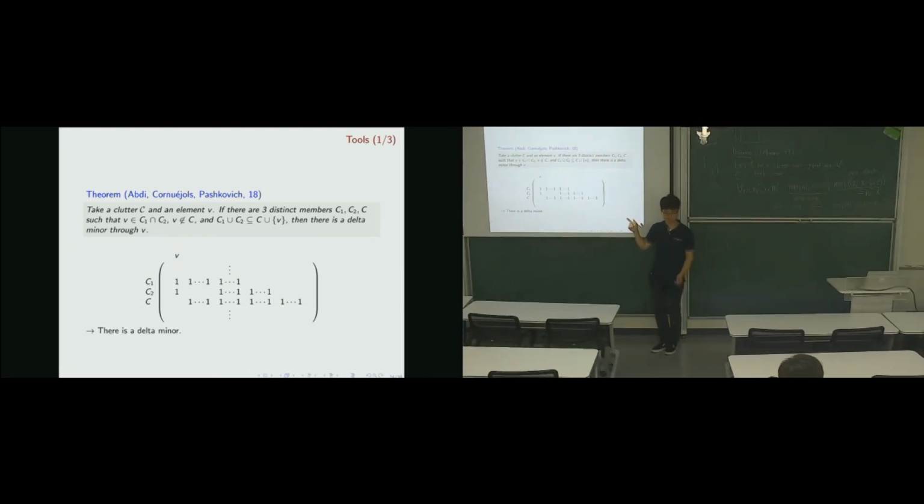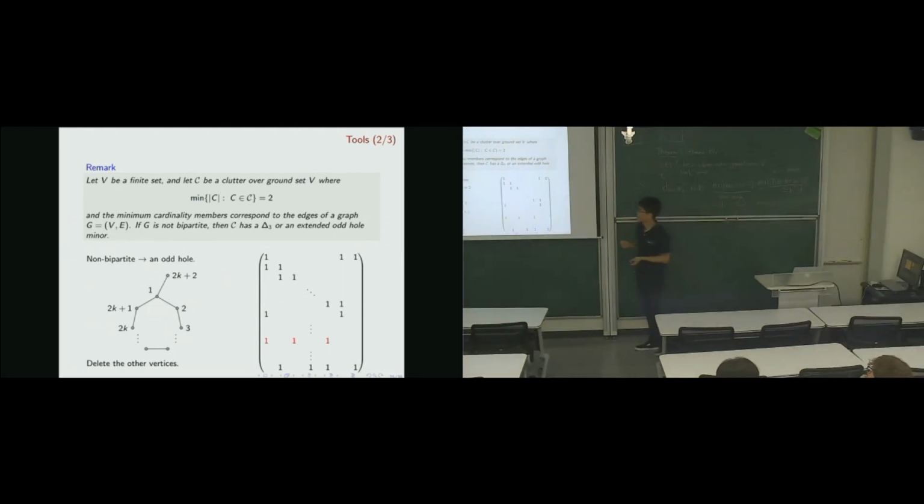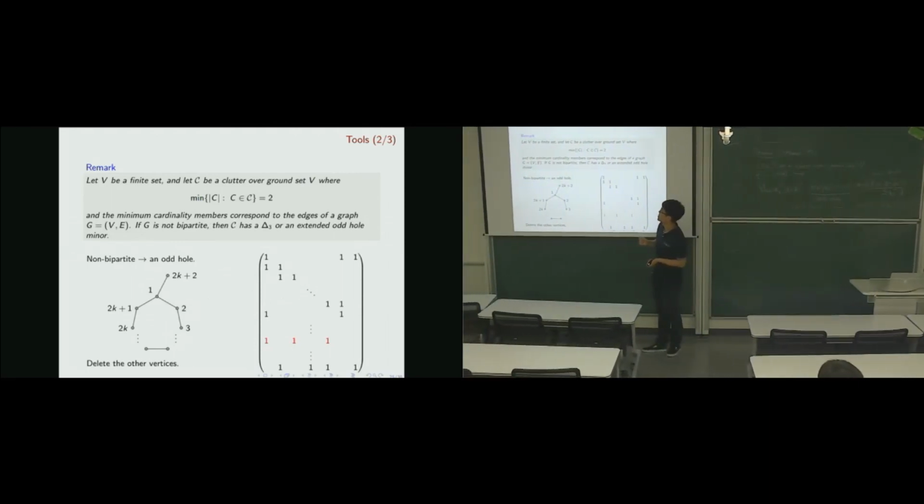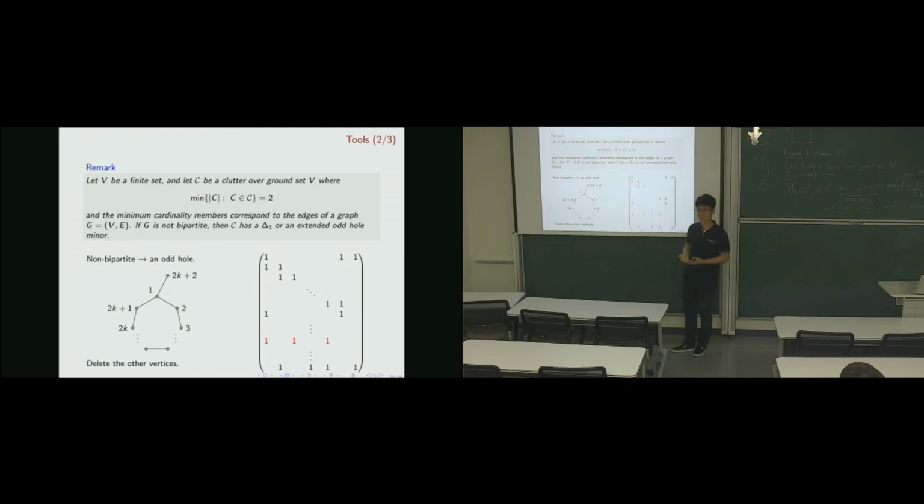But this is one tool. The next one is: you look at a clutter, and the minimum size of a member is 2. Now you look at the collection of size 2 members. Okay, then they correspond to a graph. The columns are labeled by vertices, and those members correspond to edges.